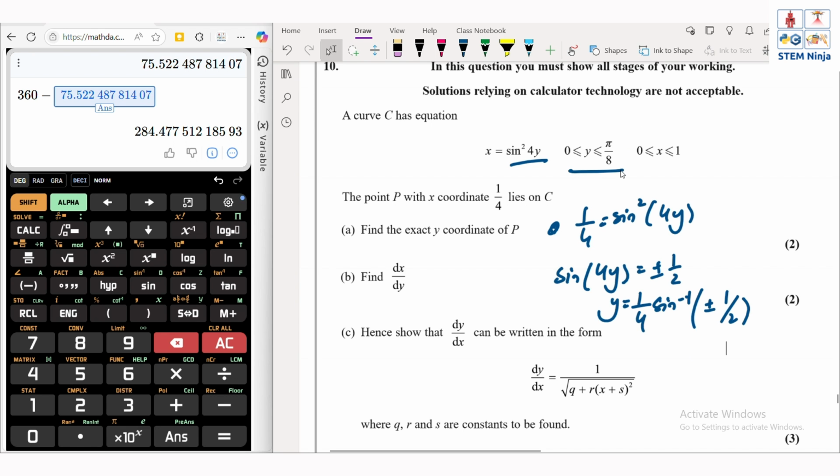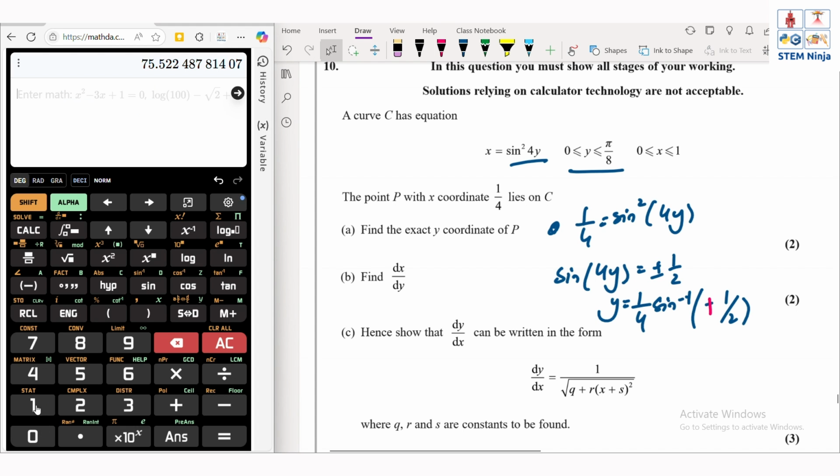The problem is that y is between 0 and pi by 8, so sine is always positive in that region. So we will just take the positive one and discard the negative one. So sorry, this is going to be plus, right?